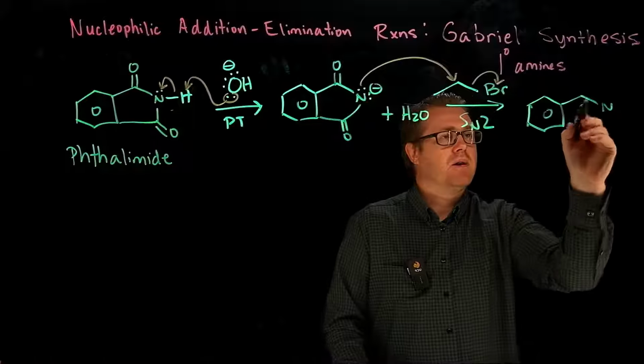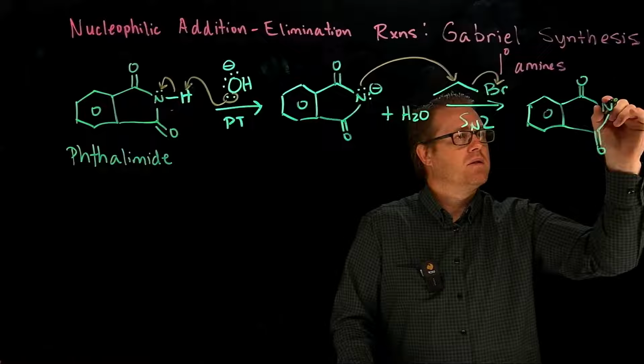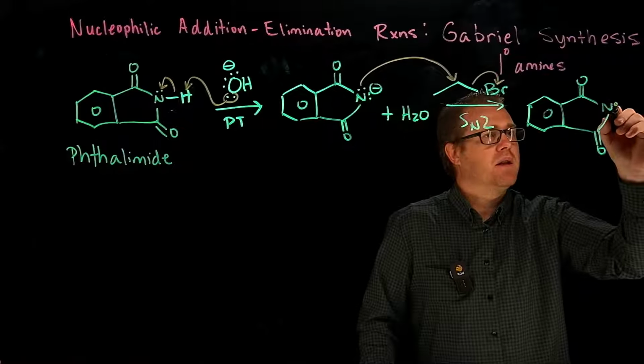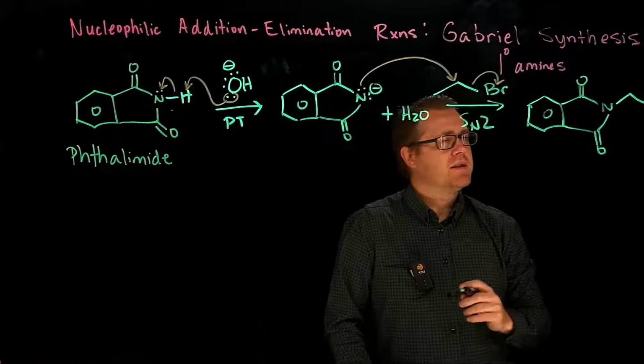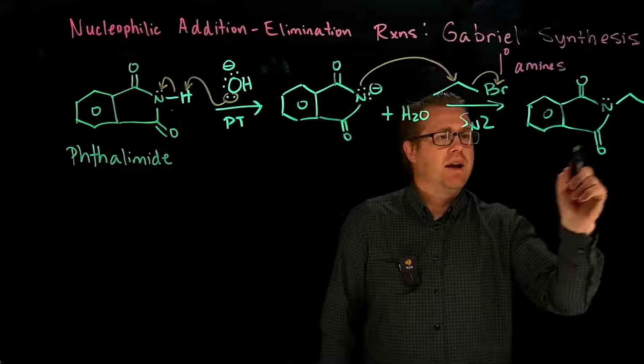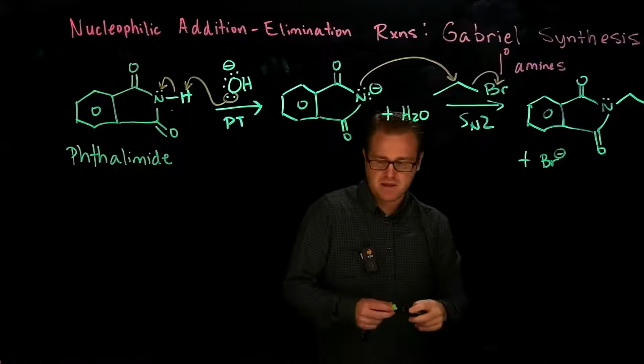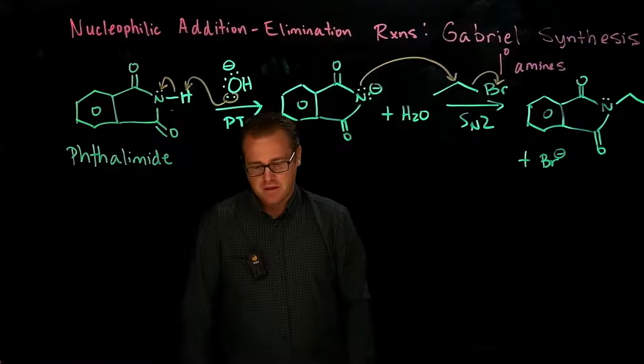And I'm going to get cut off on the board here. So let's see. We can see it still. That's okay. And then we still have the bromide floating around there as a spectator ion now.